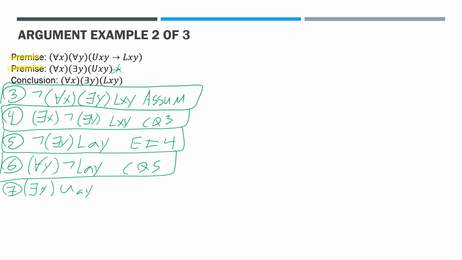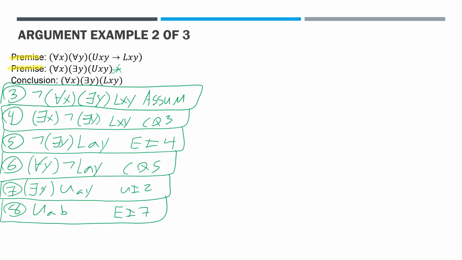So we substitute a in there. This is the universal instantiation, line 2. Now we can do another instantiation, this time an existential instantiation on line 7. Hence for 8, we can get UAB by the existential instantiation of line 7. We substituted b for y.